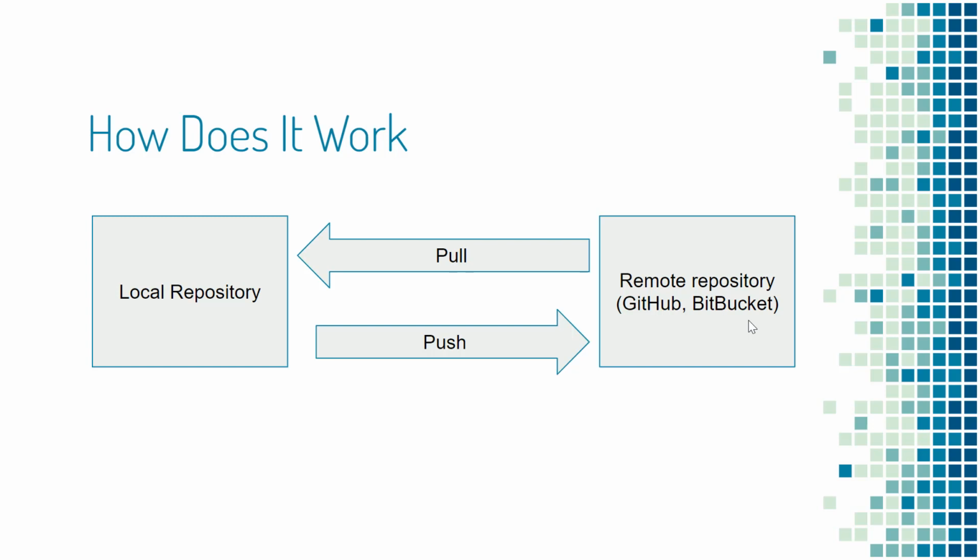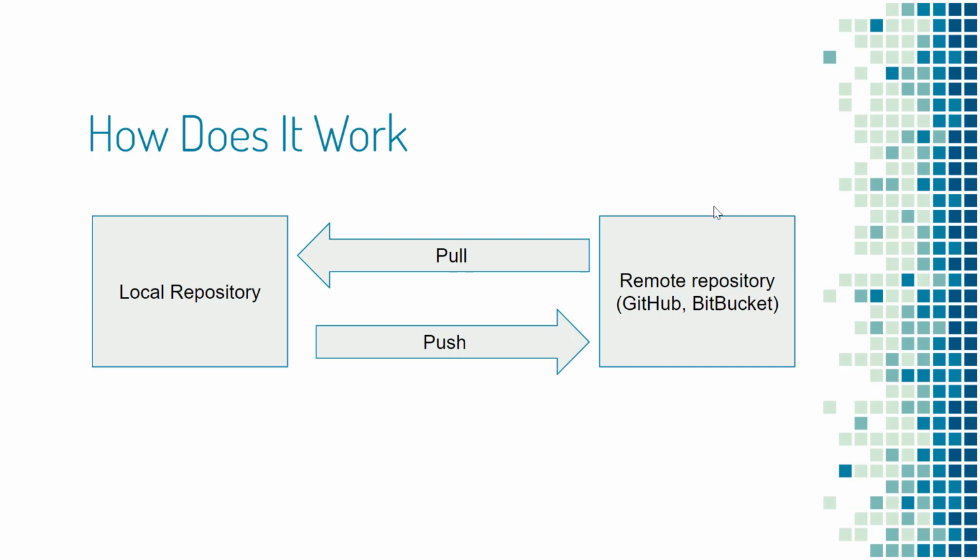It's just a standard that you may use. Some implementations support specific commands and others don't, but in most cases the most basic commands, as we will see, should work fine with GitHub, Bitbucket, or any other Git repository provider.